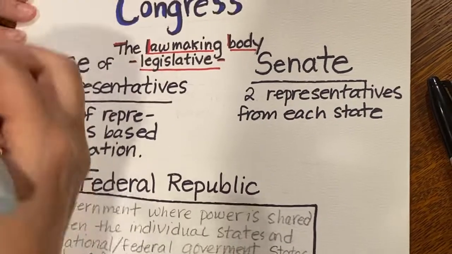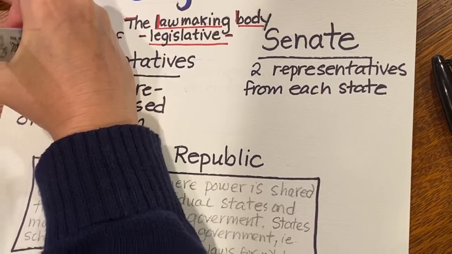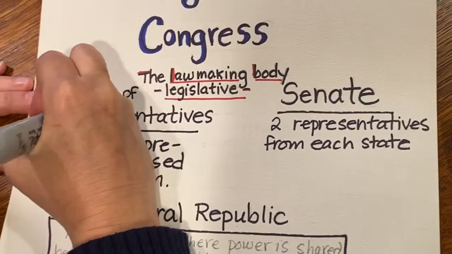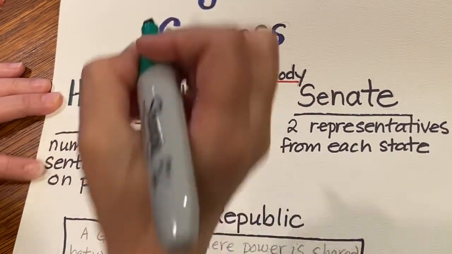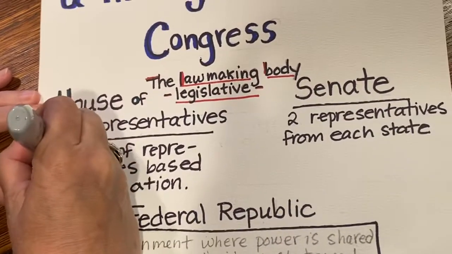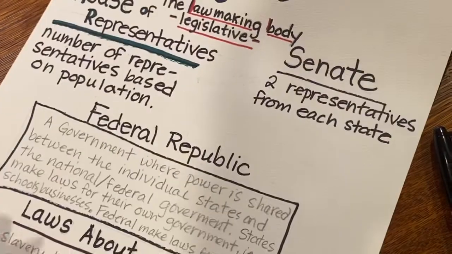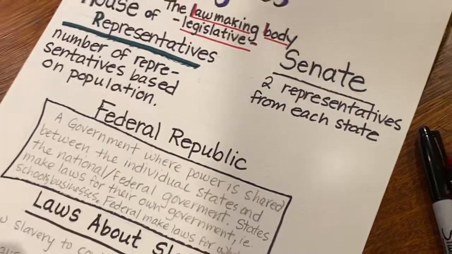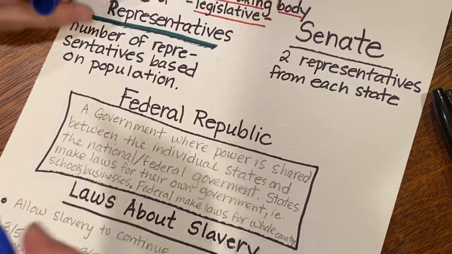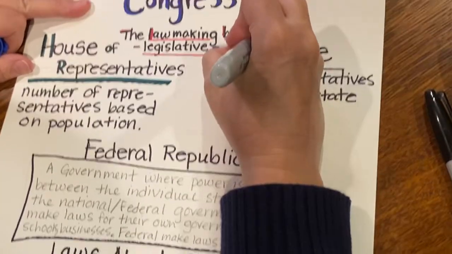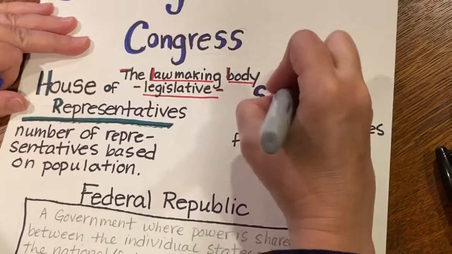So I'm going to use green for House of Representatives. I'm going to outline those first letters, and then I'm going to go over this underline in green. Okay, and then for the Senate, I'll do that in blue, just so that you can see that they're two separate things.